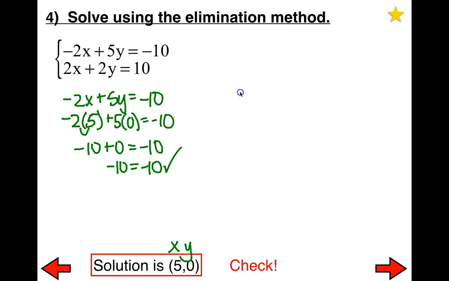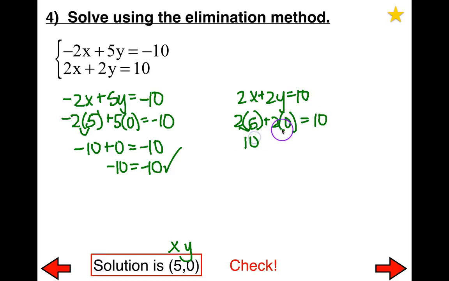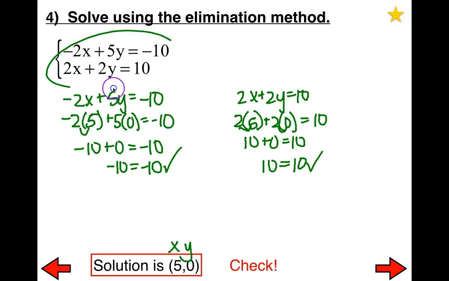Now for the next one, 2x plus 2y equals 10. My x's are 5s. My y's are 0s. Is this true? 2 times 5 is 10. 2 times 0 is 0. And it also works for this equation. So I can confidently say the solution to this system is indeed 5 comma 0.